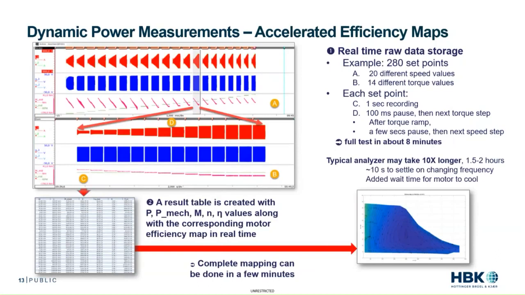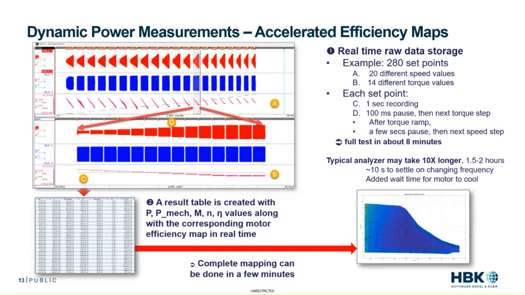In this case, we'll just say you're looking for zero crossings. So the traditional power analyzer needs quite some time to settle on a changing fundamental frequency to deliver stable results. And the typical time frame for one set point could be as much as one reading or every 10 seconds. So cycle detect can compute results every half cycle, for example, easily completing a set point in less than a second.